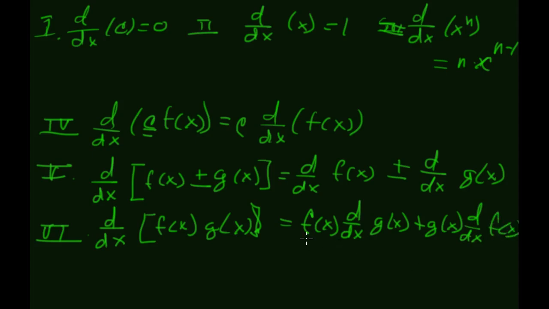Sometimes this is read as first times the derivative of the second plus second times the derivative of the first. So that's a little bit fancier. If you want to go back and look at the limit theory and see how that works, you're more than welcome to. If you don't trust it, I would say prove it yourself, but that one works.